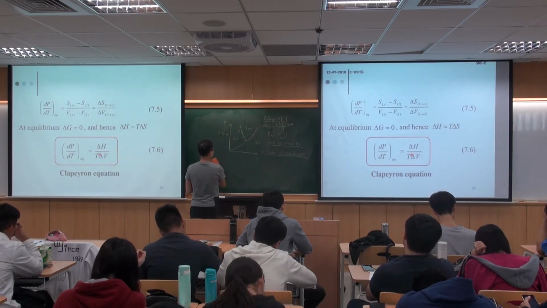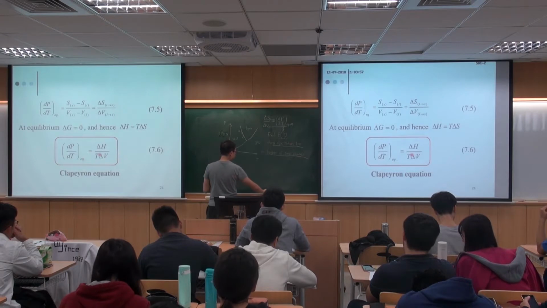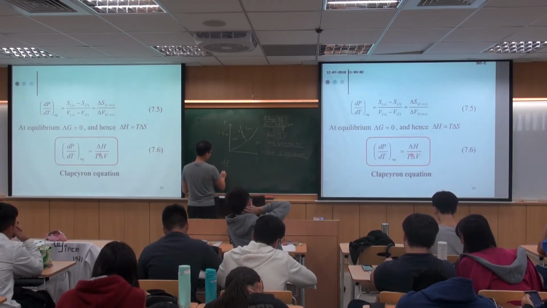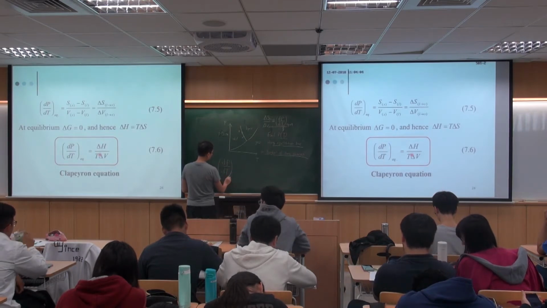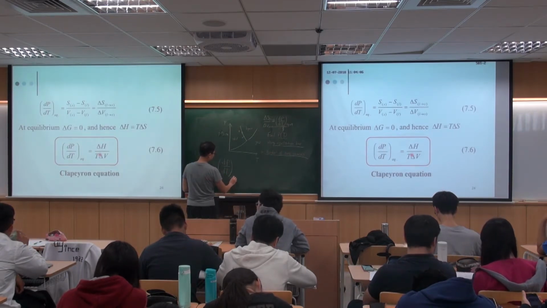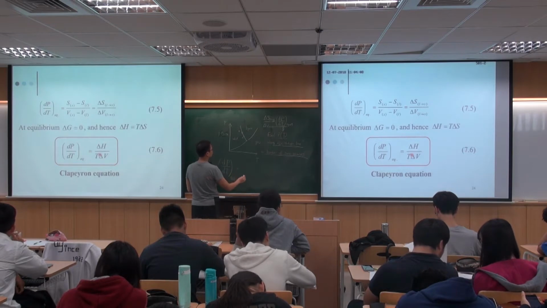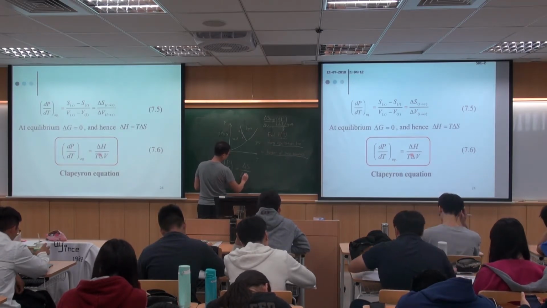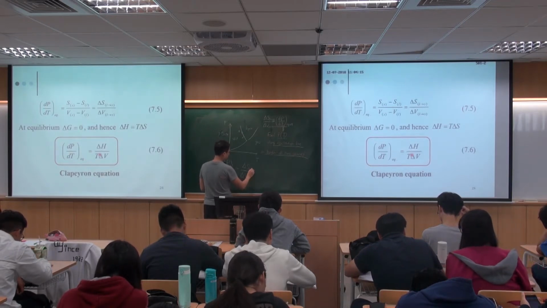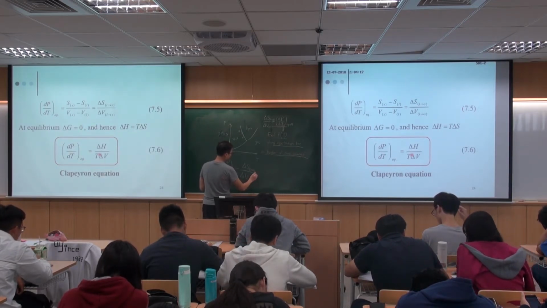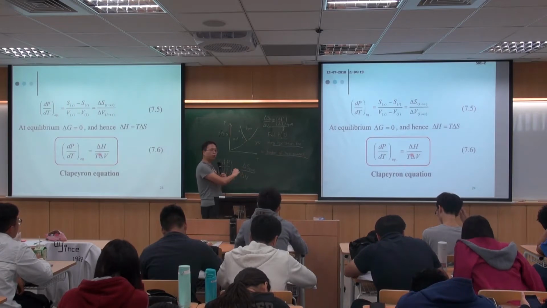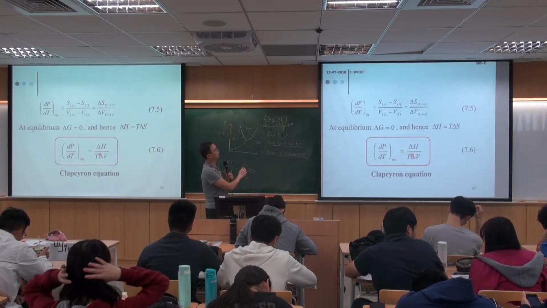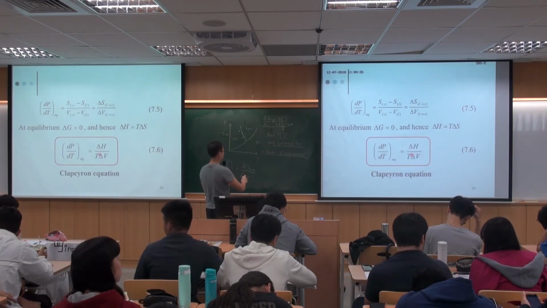So the Clapeyron equation states that dP over dT, at equilibrium, is, let's say, delta S over delta V. I would say solid to liquid. So when you calculate this, you use the liquid phase entropy minus the solid phase entropy, unlike what we have over there.